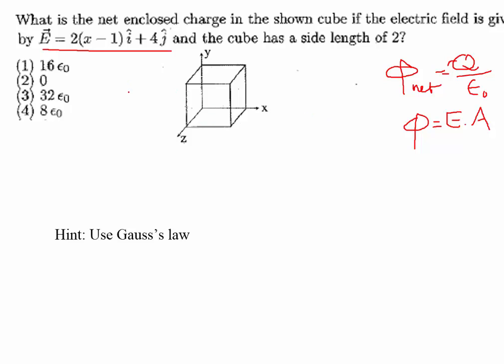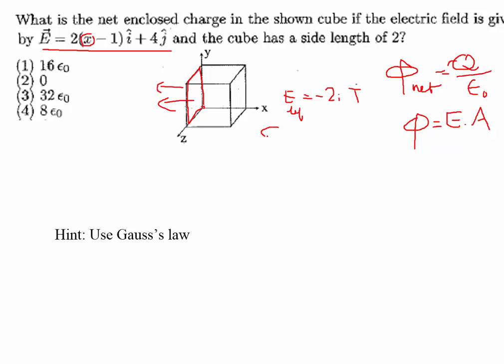So, first of all, let's take the left face of the cube, that face. Now, what is the electric field there? What is the value of x there? x equal to 0. So when x equals 0, the electric field is 2 multiplied by -1. So the electric field on the left, I'm going to call it E left, equals -2i Tesla. That's the electric field that way. All right.